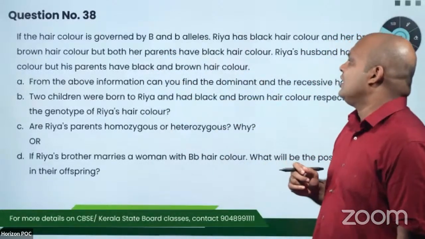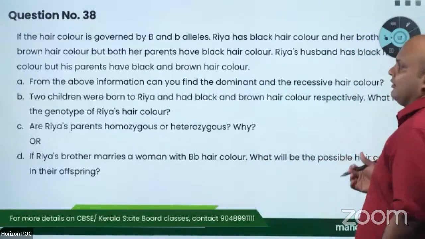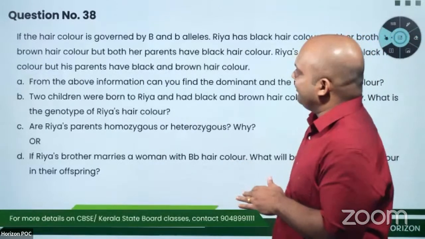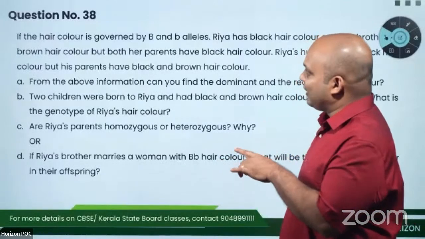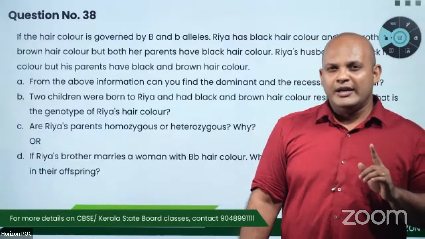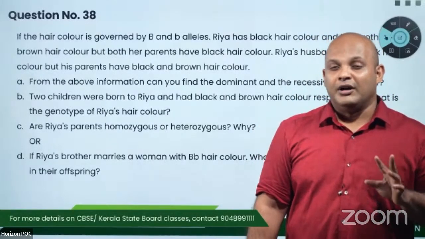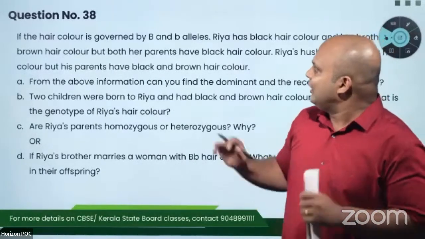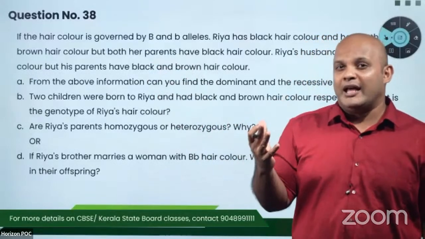First question, from the above information, can you find the dominant and recessive hair color? So you are noticing here that Ria has black hair. Her parents both have black hair, but Ria's brother has brown hair, right? This tells us that you need only one gene to get the black hair color, but you need both genes if you want to get the brown color, because both of Ria's parents have the gene for brown hair even though they have black hair.